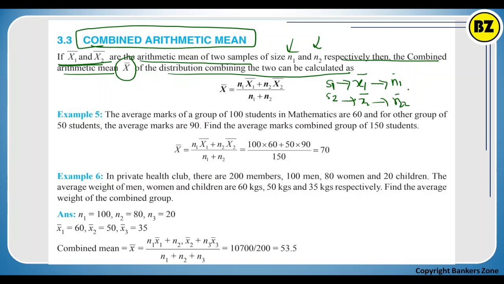To find the mean of both, we have the formula: n1 x1 plus n2 x2 divided by n1 plus n2. Again, very simple, right?